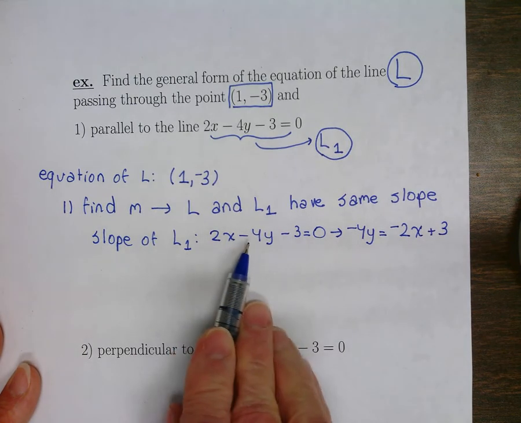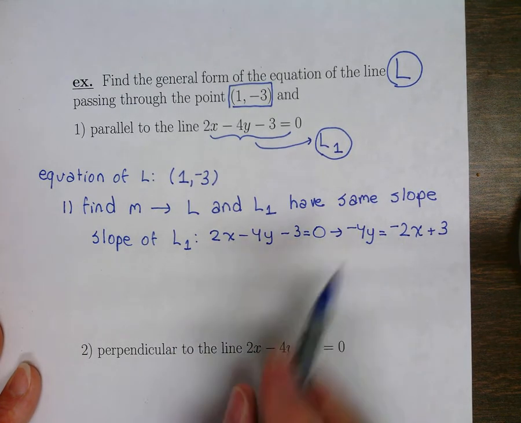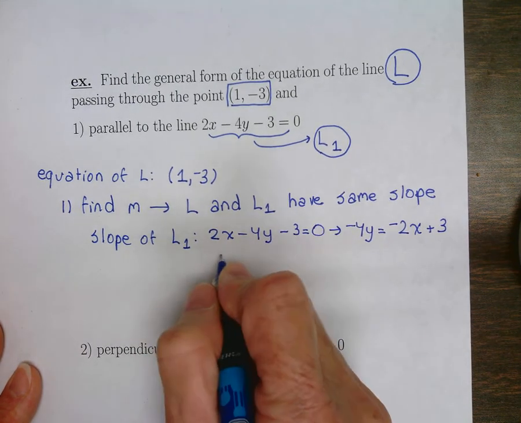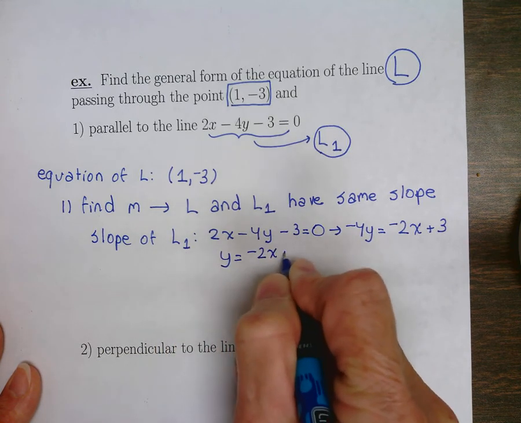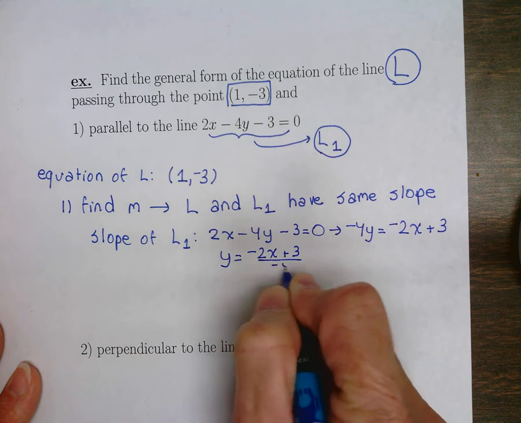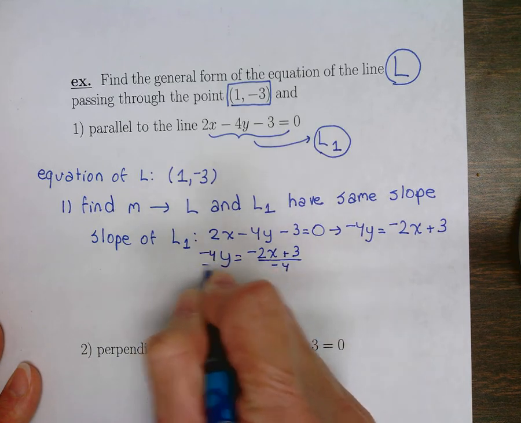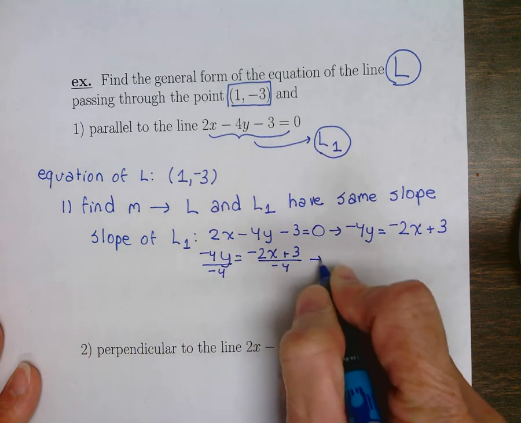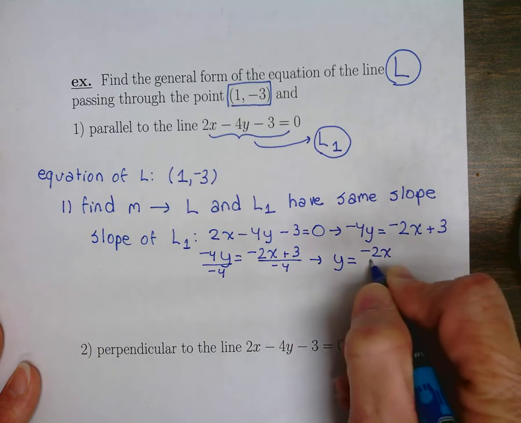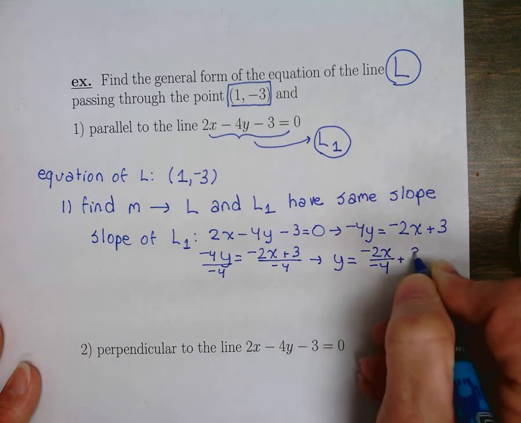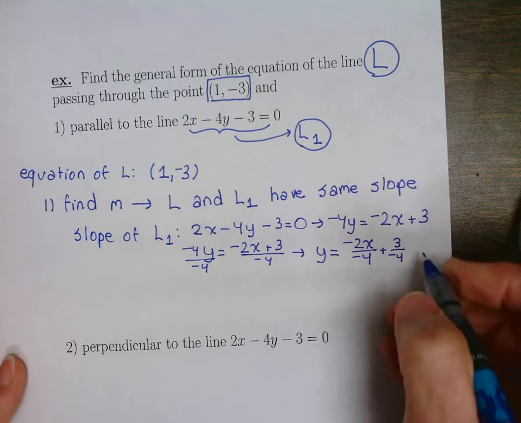When I bring that over, negative 2x plus 3, divide by negative 4. And so it looks like y equals negative 2x over negative 4 plus 3 over negative 4.